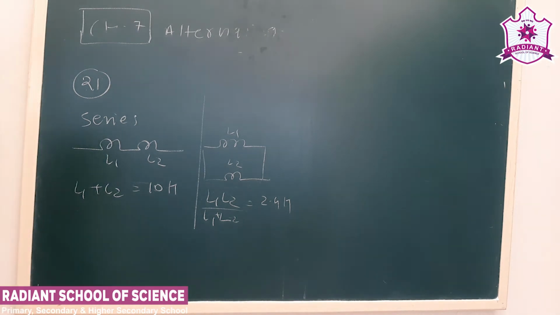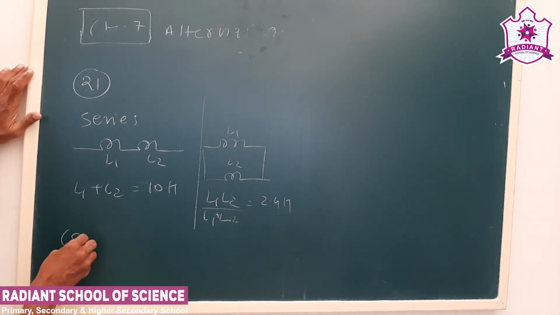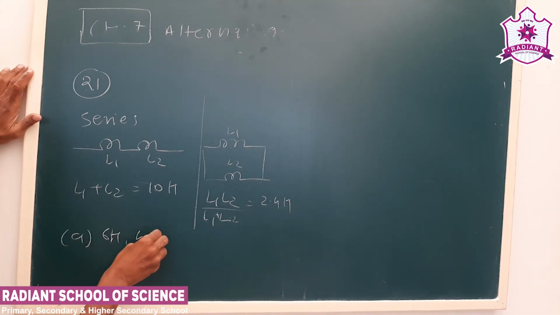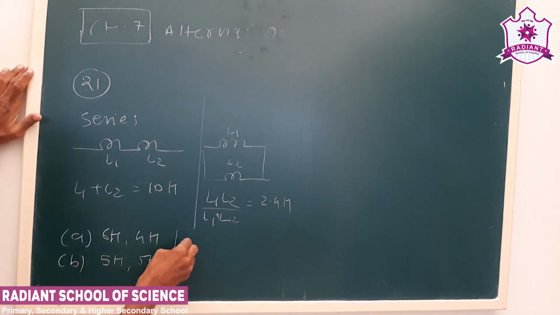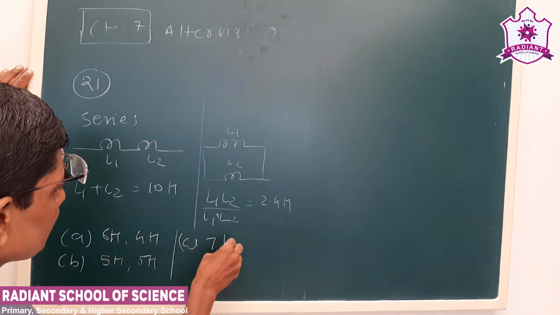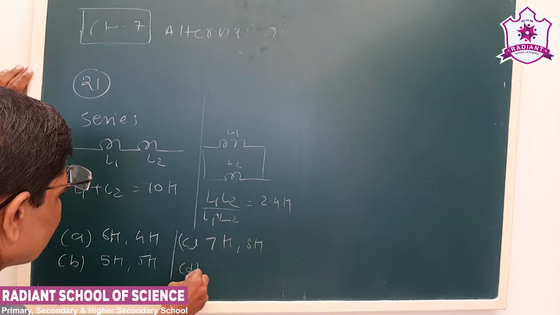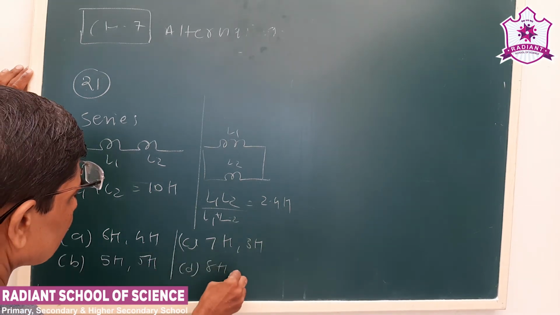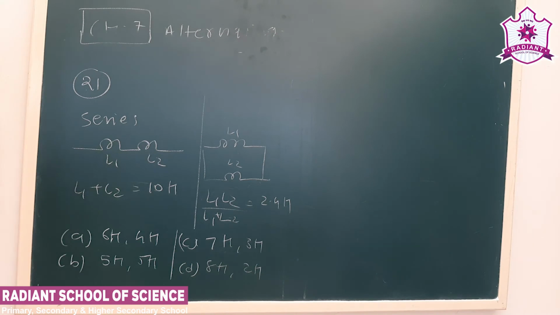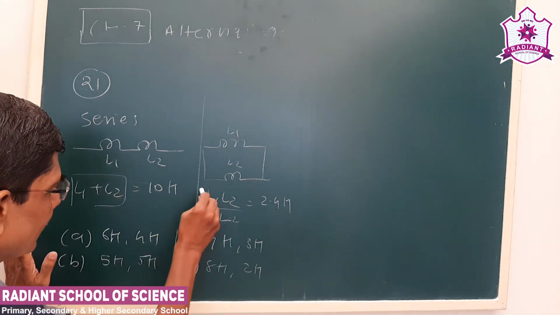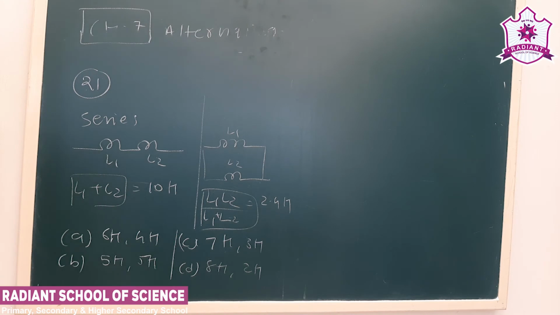Now if the options are given to you, you can go by trial and error also, and then we can go for the mathematical explanation. If I substitute the values, they should satisfy both conditions.